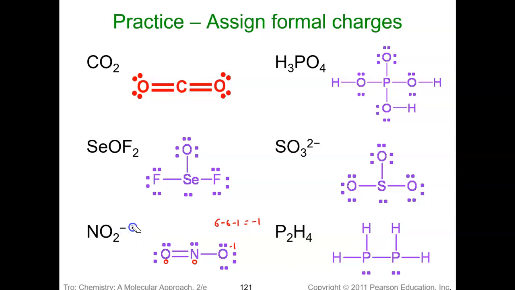Right? So its charge is negative 1 here. So the formal charges add to the same as the ion. So the formal charge for this whole molecule, it's got that negative 1 there, which reflects that negative 1. Right? So same thing goes for, let's try this one. So this one, the formal charges need to add to negative 2 because the charge on the ion is negative 2. Let's try.